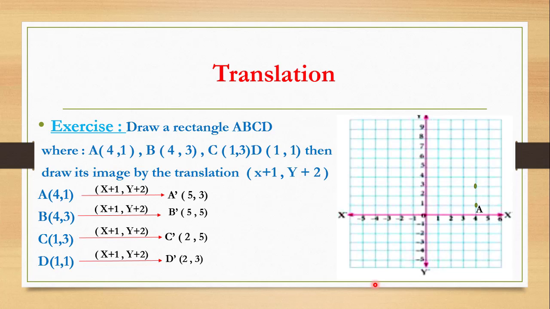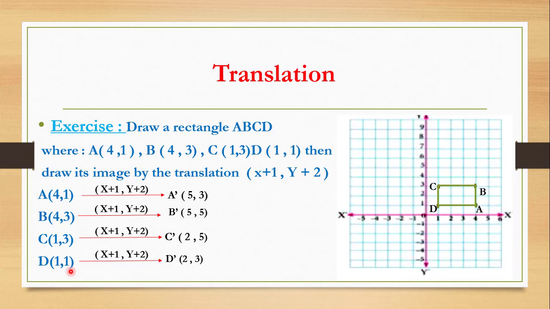So this is point B. C (1, 3), the same way. Start from x, then go to y. This is 1, and go up 3. So this is point C, and the last one, D (1, 1). Now let's join the points and draw the rectangle ABCD. This is the rectangle ABCD.